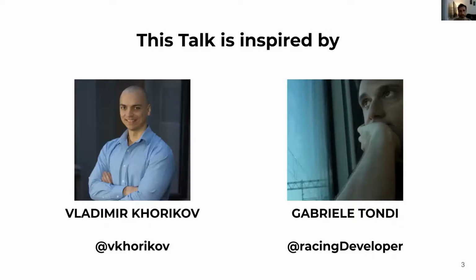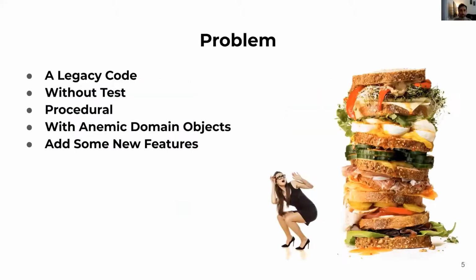First of all, I would like to thank these two persons. So we have a problem in the journey of all developers: they have to work with legacy code without any tests.